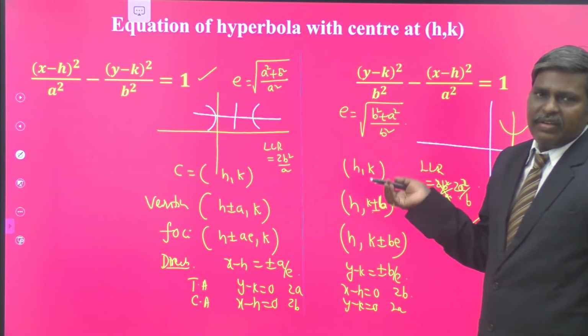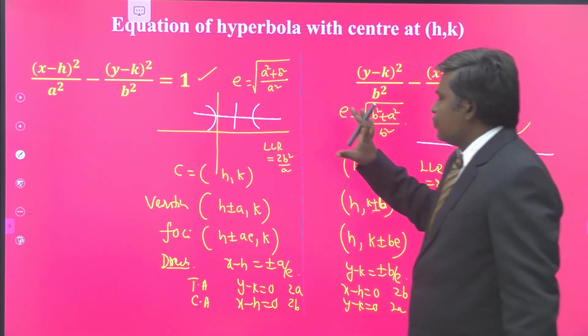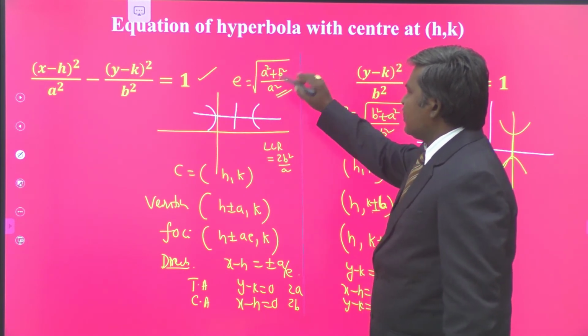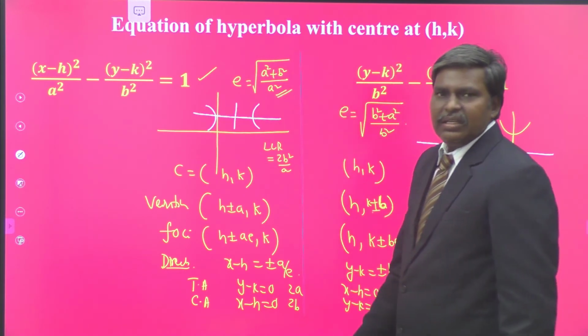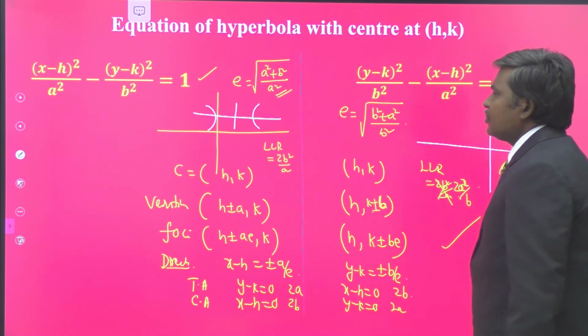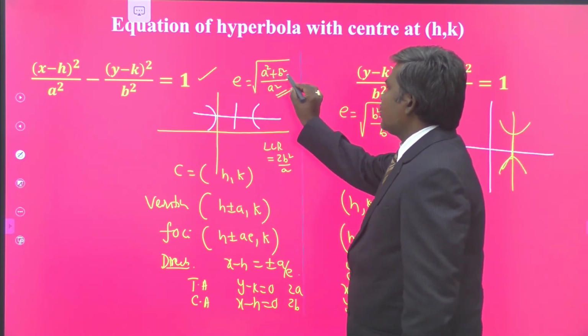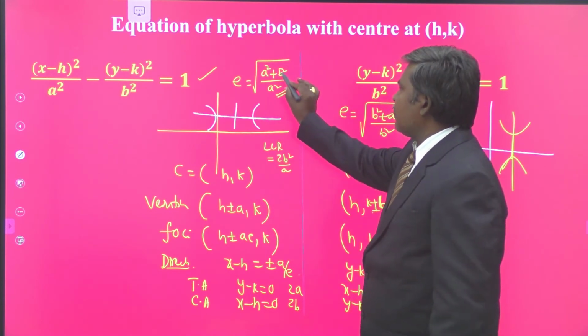like the previous formulae, both are the same, but these differ by the eccentricity. Once the eccentricity is changed, all the formulas must be changed. So don't forget, the eccentricity of the ellipse is root of a square minus b square by a square, while here it is root of a square plus b square by a square, not minus.